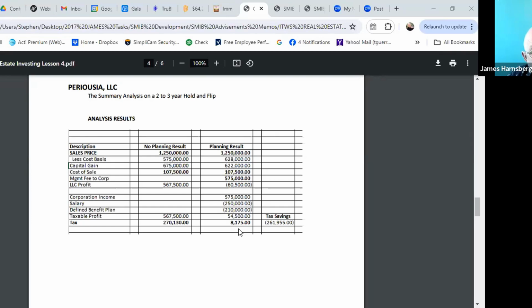So all we're doing is taking the profits and parlaying them and getting the next building.